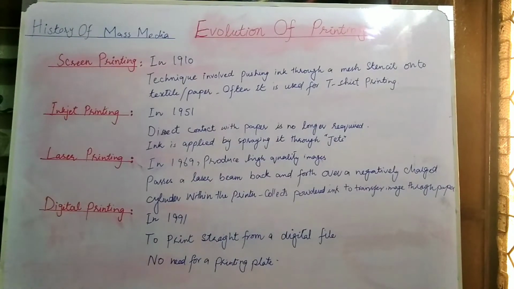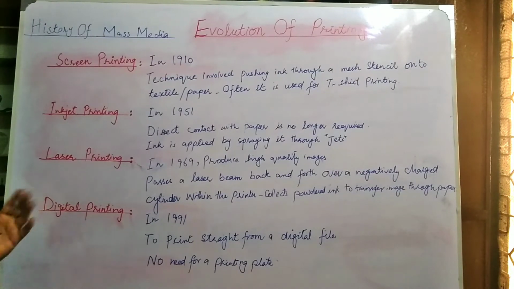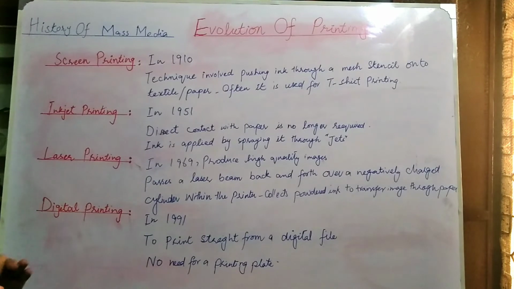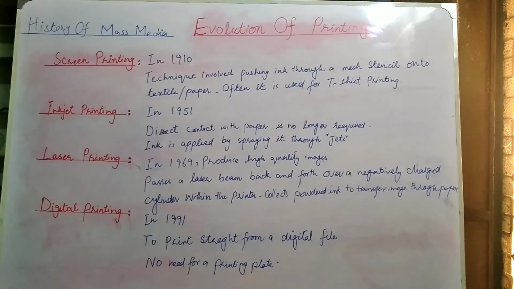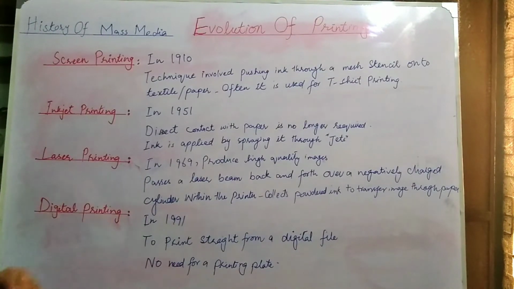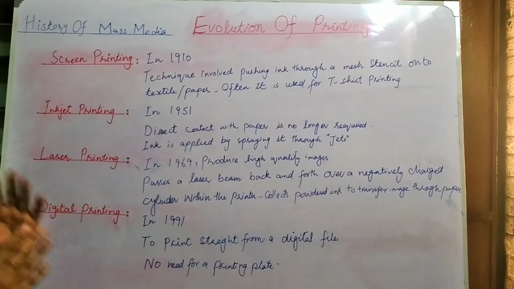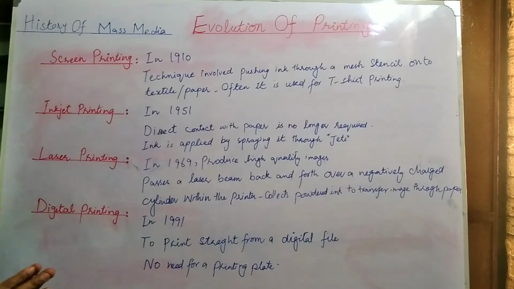Laser printing. Laser printing was introduced in 1969. It produces high quality images. It passes the laser beam back and forth over a negatively charged cylinder within the printer.